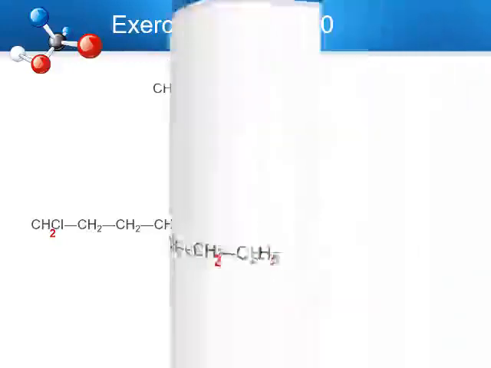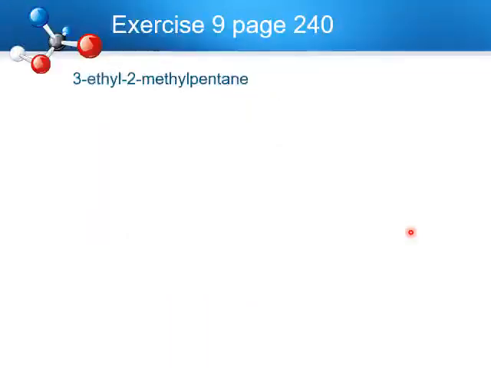For exercise number 9, we must represent each of these organic compounds. When representing an organic compound, we must start with the main chain. Here it is pentane, so we represent 5 carbons with single covalent bonds between them, and don't represent the hydrogen, leaving it for the end. We must put the alkyl groups, starting with ethyl and methyl.